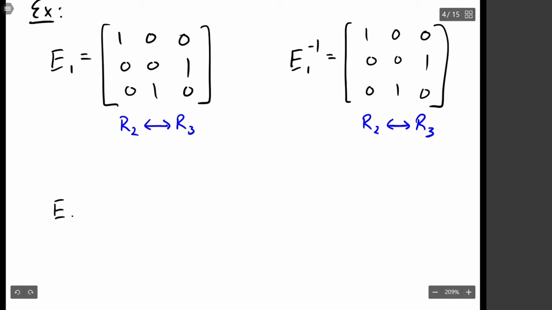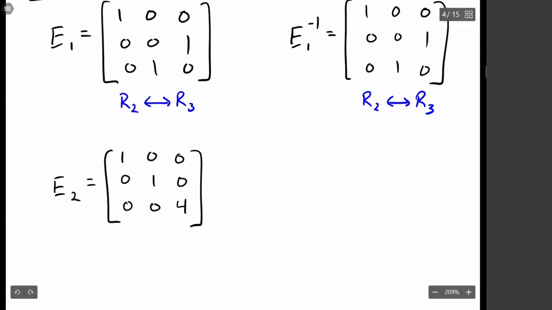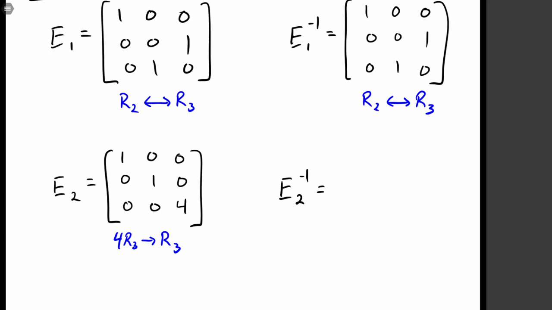What if our second elementary operation would be to multiply row 3 by 4? So here, our row operation was 4 times row 3 goes to row 3. How do we get the inverse of this? Well, it's just a row operation, so think of what you could do to undo what we just did.